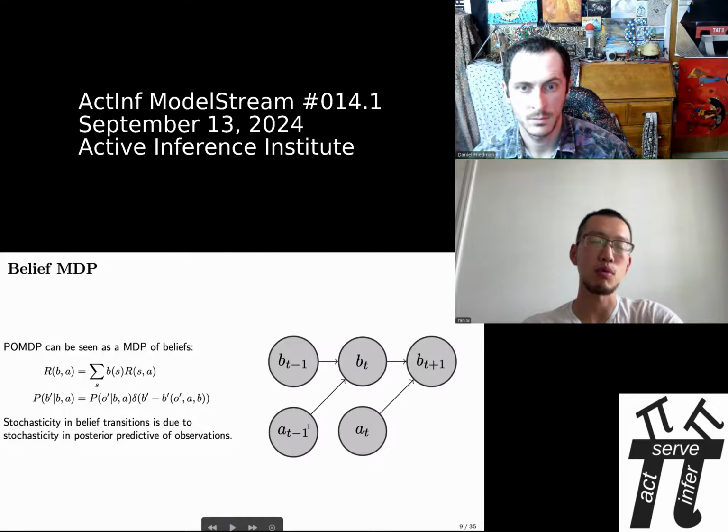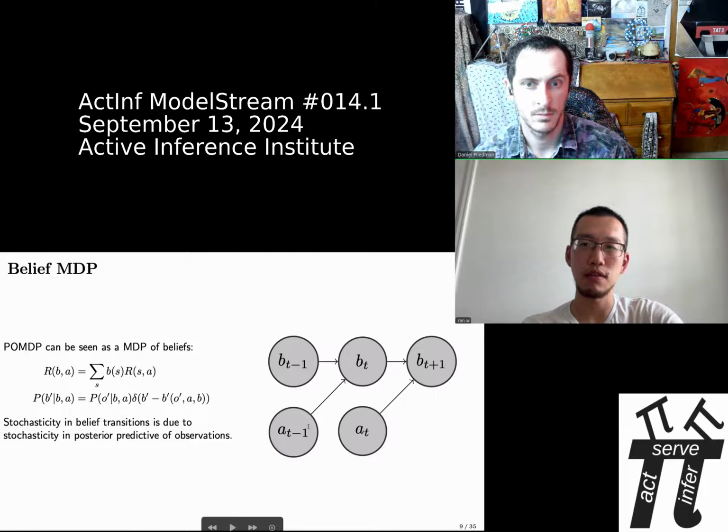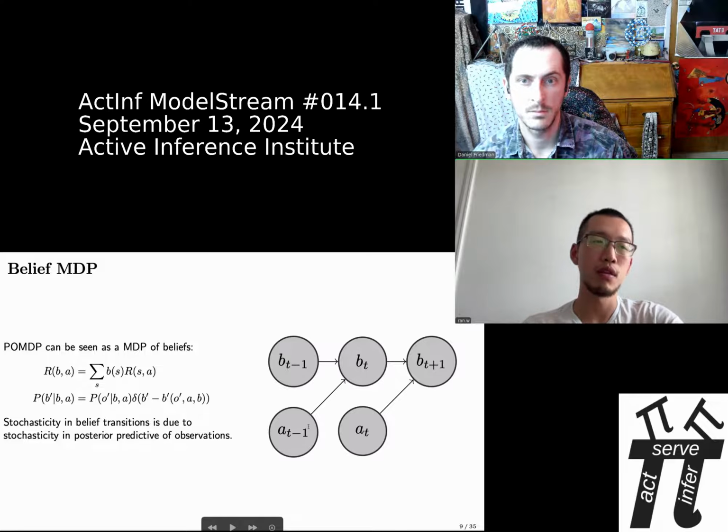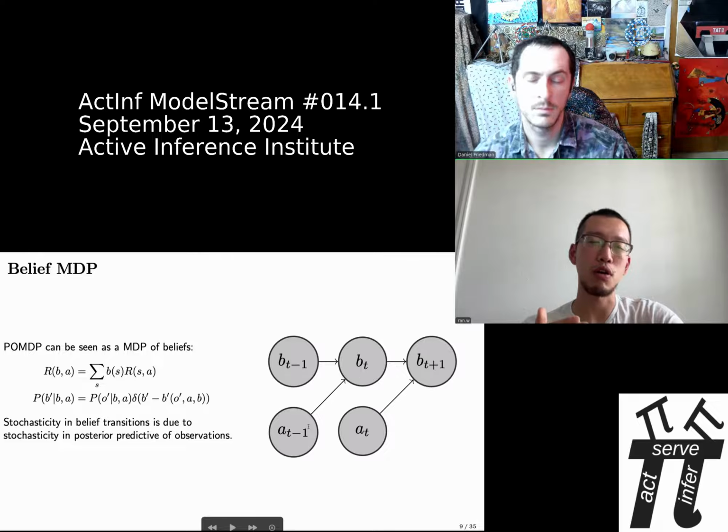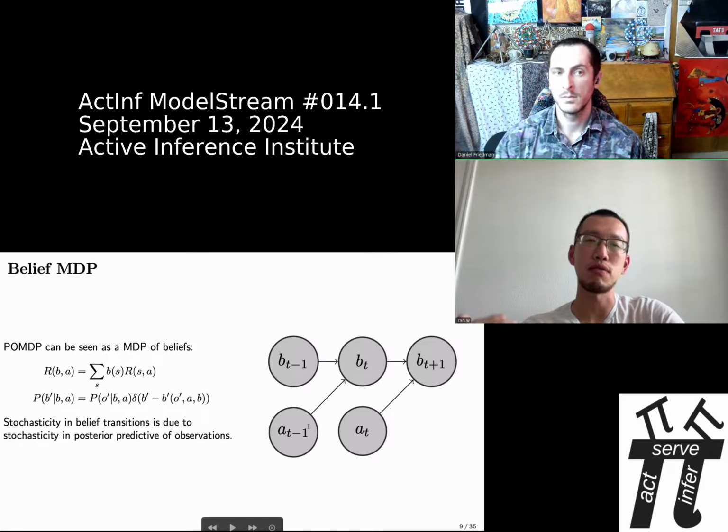Some people in the institute might know this: there's an algorithm called VariBAD that the active inference folks have cited multiple times. That essentially came out of Shimon Whiteson's lab, and in that architecture, the agent's policy is conditioned on a belief representation as opposed to a state representation.